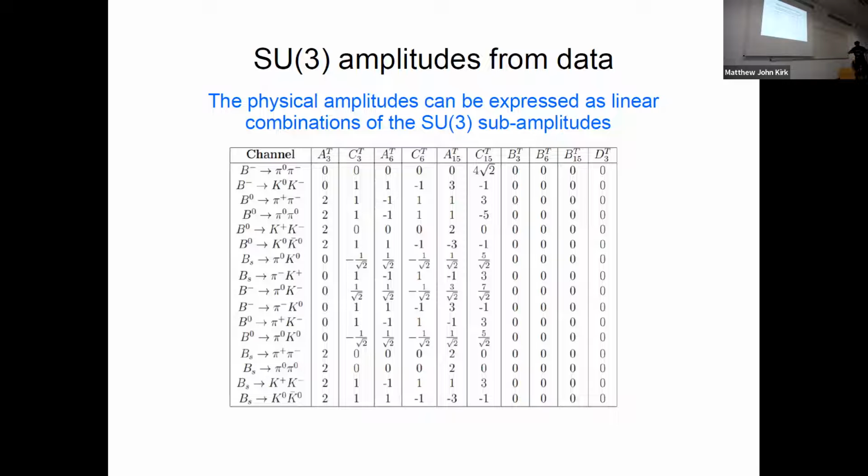On the P side it is exactly the same, but instead of a T you have a P. You have 2 times A3P plus 2 times A15P times the corresponding CKM element. And that's it. And you can code all of them using these powerful formulas.